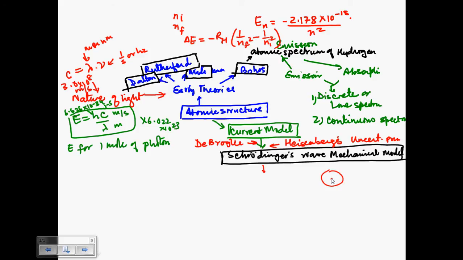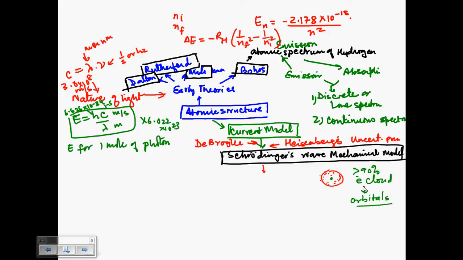So you have a center nucleus and electrons are buzzing around it, and the area around the nucleus, I'll draw the nucleus in green, where the probability of finding electron is greater than 90%, this is called electron cloud.